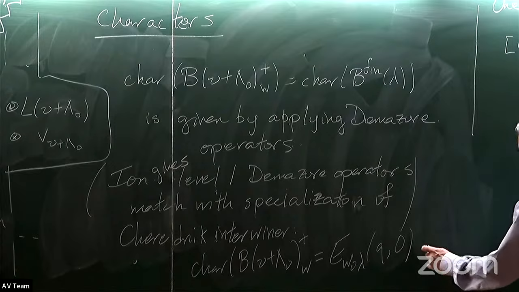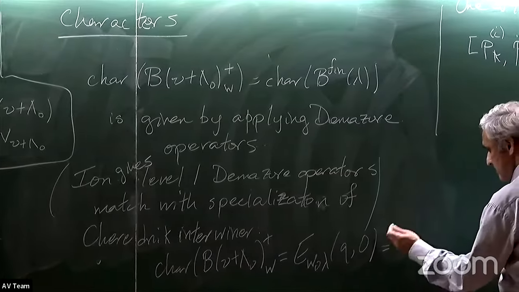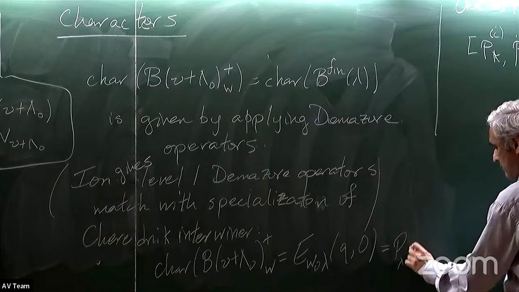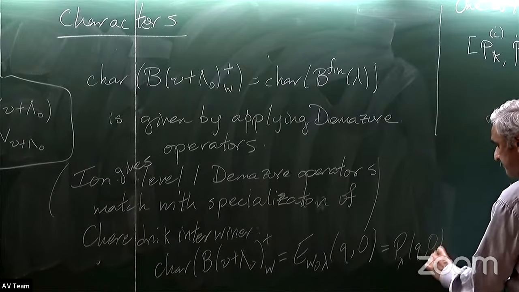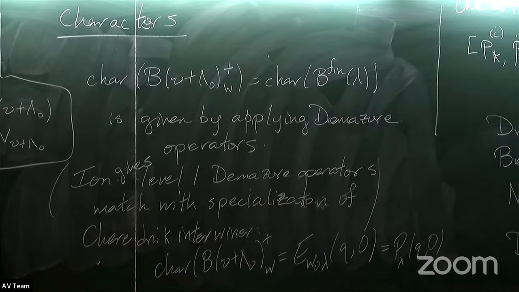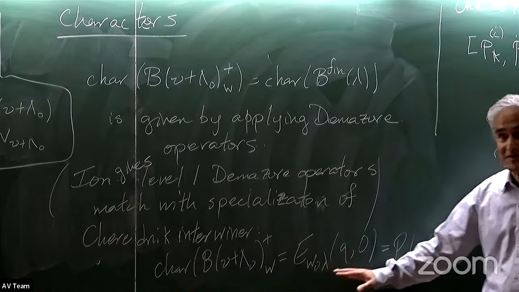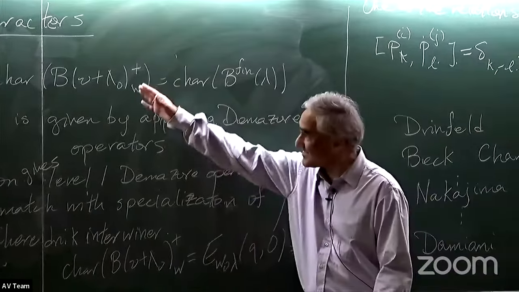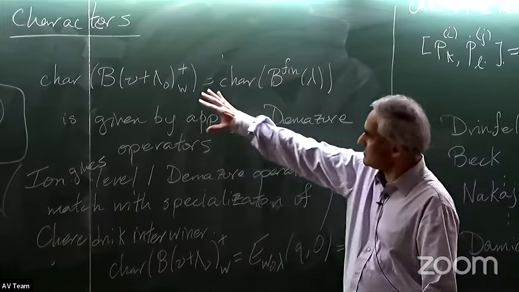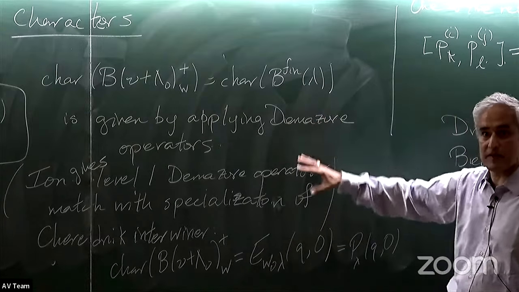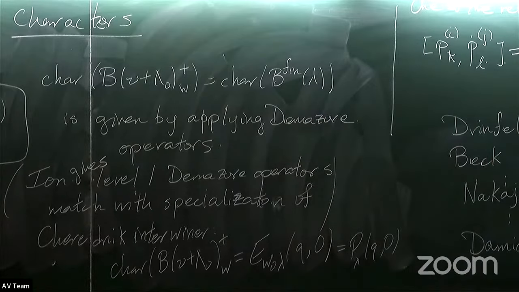And at this specialization, there's another statement that this is equal to a non-symmetric Macdonald polynomial specialization, which is a nice statement. Because I love Macdonald polynomials, I like the fact that we can state that. But in principle, both methods are essentially computing the object by applying Demazure, whether you call them intertwiners or Demazure operators.